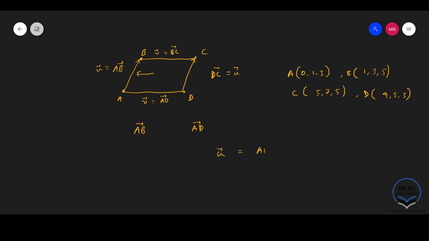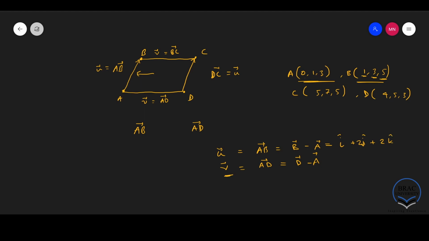U is equal to AB, which is also equal to the vector B minus A. The vector V is equal to AD, which is also equal to the vector D minus A. What is B minus A? All that I have to do is subtract the coordinates of A from B. My I component will be 1 minus 0, which is just 1I. My J component will be 3 minus 1, which is 2J. And my K component will be 5 minus 3, which is just 2K.